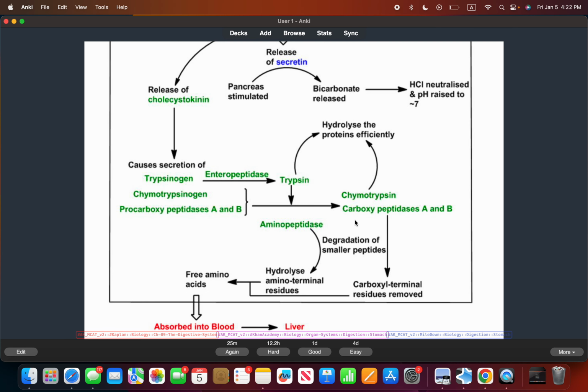Then the carboxypeptidases A and B remove carboxyl terminal residues.